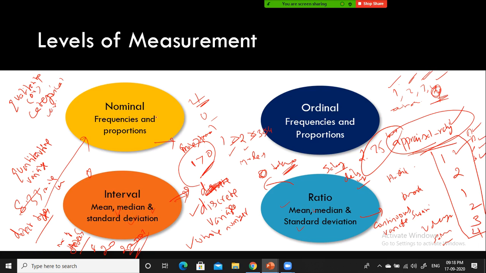Hope you understood what is nominal type of variable, what is ordinal, and what is the difference between interval and ratio. In the case of interval, it's a whole number. In the case of ratio, it is a continuous variable, as the name suggests. Let's say your body weight. Supposing you are shipping an item from Chennai to Bangalore, shipping a TV.